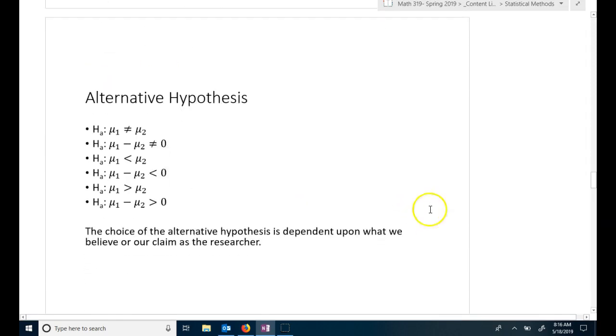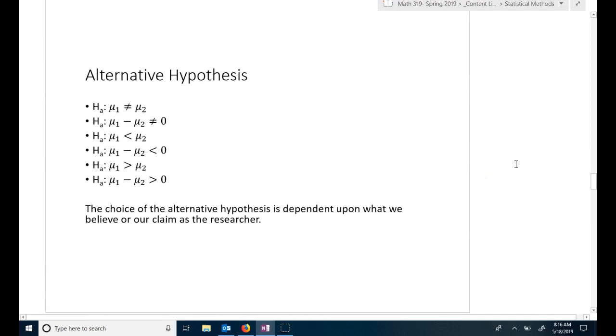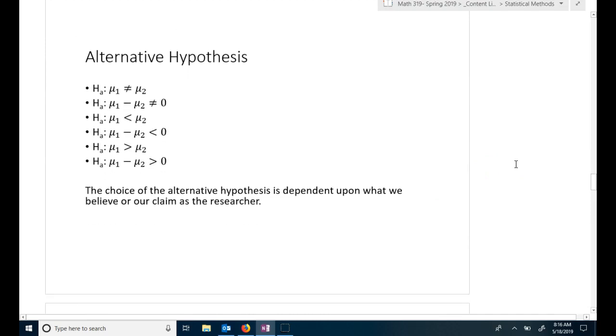All right, here's our alternative hypothesis. We can have one of three. Mu1 does not equal mu2, which, by the way, would be mu1 minus mu2 does not equal 0. That is when we do not have a hypothesized direction for our difference.